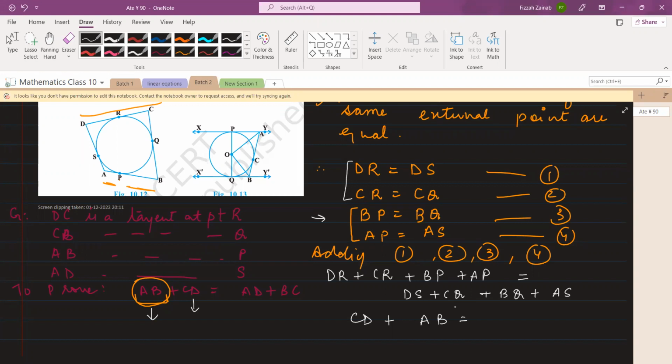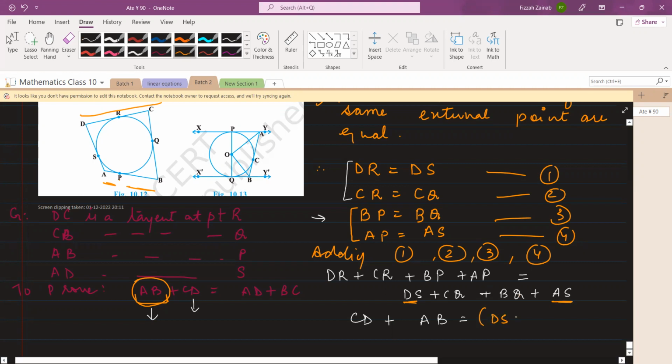Okay, CQ is here. So DS plus AS. I have this here: this is my DS and this is my AS. So I can combine them together. If you want, you can combine in the first step. Then CQ plus BQ you can combine. So CD plus AB. Now DS plus AS becomes your AD and CQ plus BQ becomes your BC. So this is the proof.